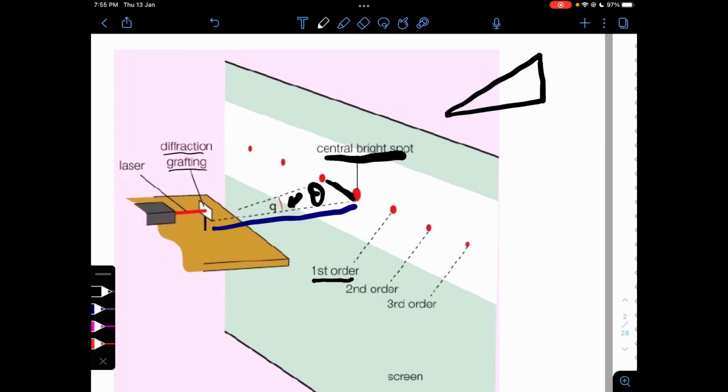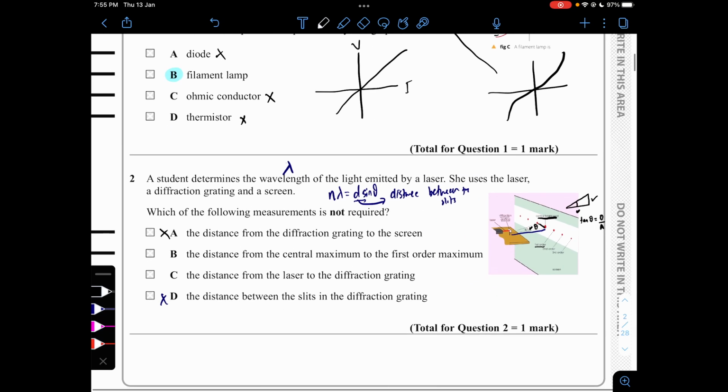This distance is required to work out this angle, and we can use tan theta, which is opposite over adjacent. So this is also required.